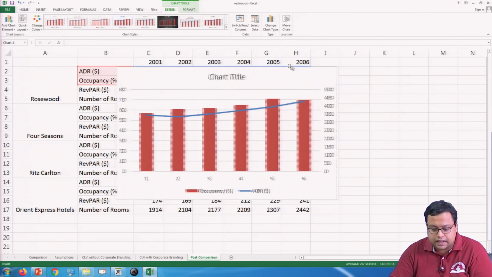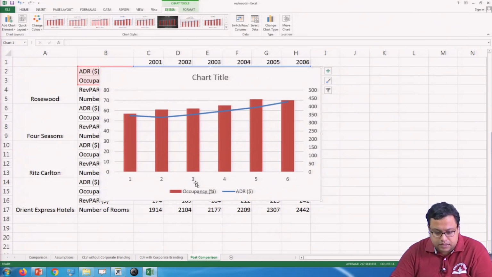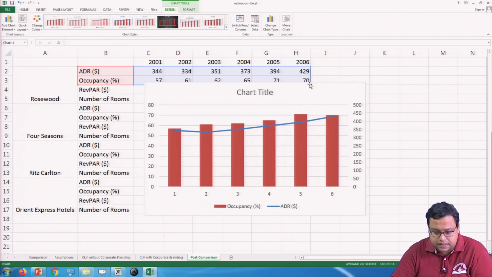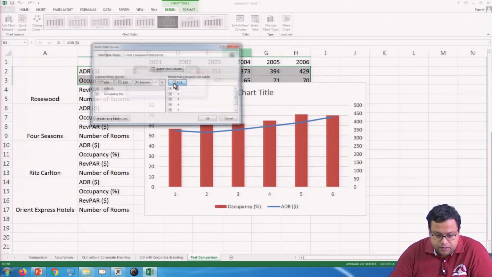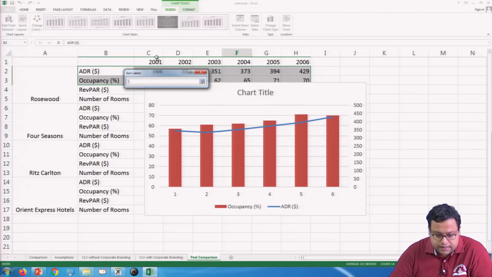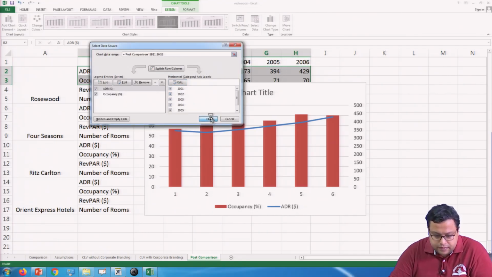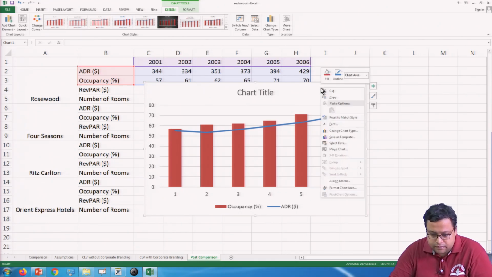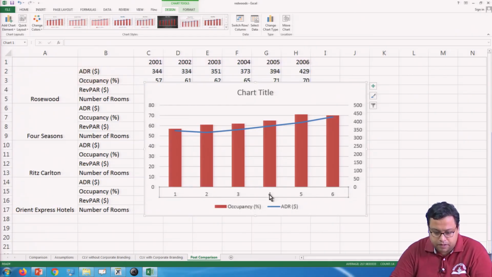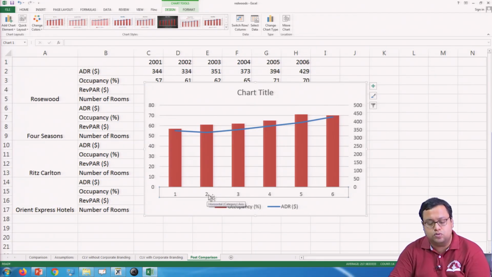You see that even after doing that, so what I will do is edit the axis range just like this. Okay, it didn't come properly, probably for some reason, but this is 2001, this is 2002, 2003, 4, 5, 6.